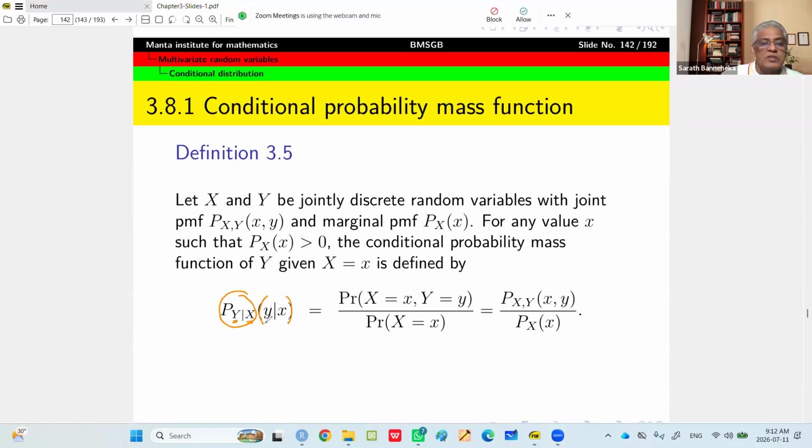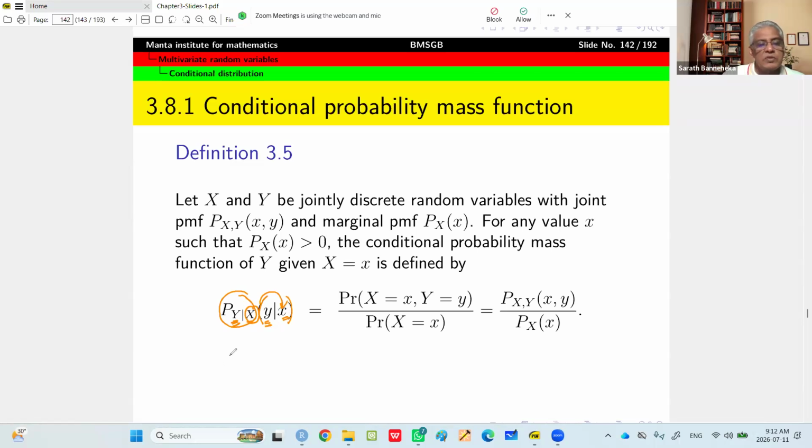So this is the value at which we evaluate this function. This is the fixed value of x, right? What this means is the conditional probability mass function of capital Y evaluated at small y when this random variable is equal to this value. That is the meaning of this notation.